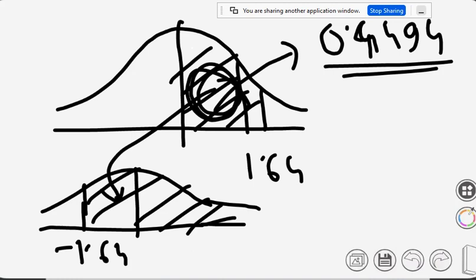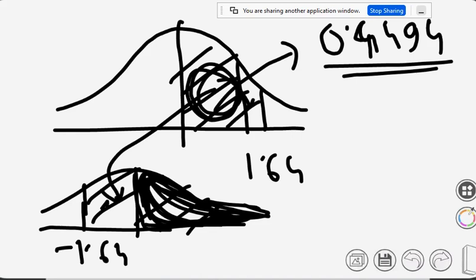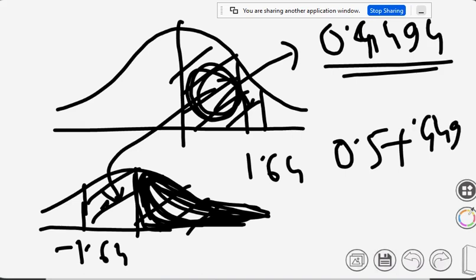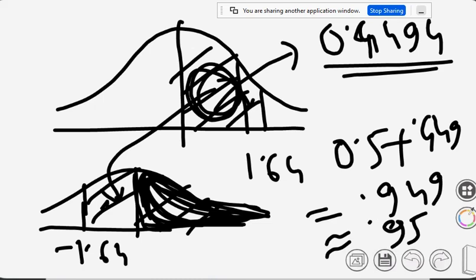And what about this other value? It is 0.5. So that means this is 0.5 plus 0.4494, which gives 0.9494, approximately 0.95. And that proves our result.